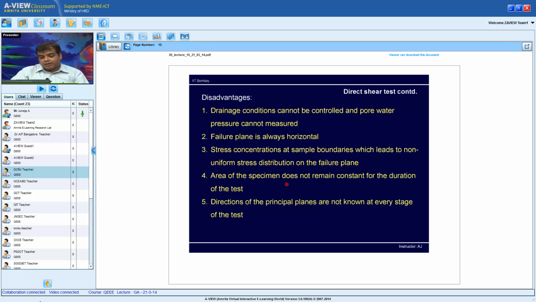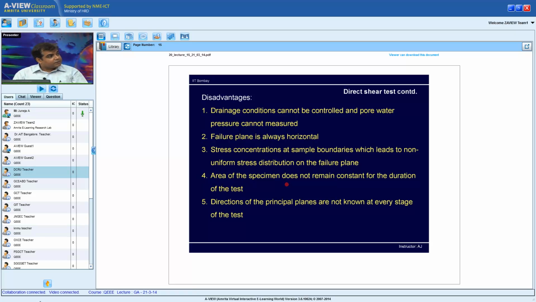The fourth one: the area of the specimen changes during the test. It is important to see that the area becomes smaller, because to start with, if I have a 6 centimeter by 6 centimeter sample and I start to slide, the common area between the two gets reduced. You can visualize this if you use your hands and see which is the common window.